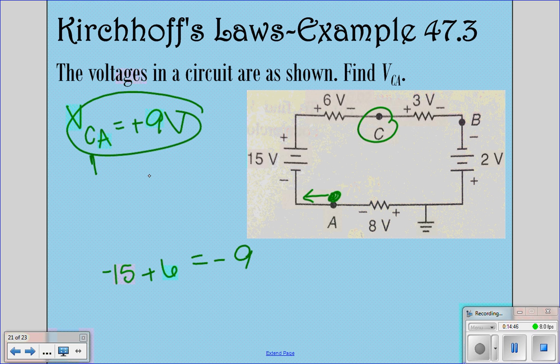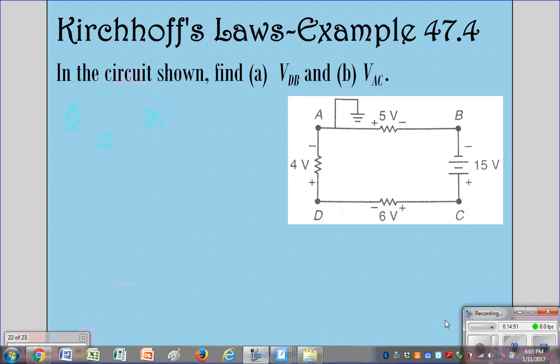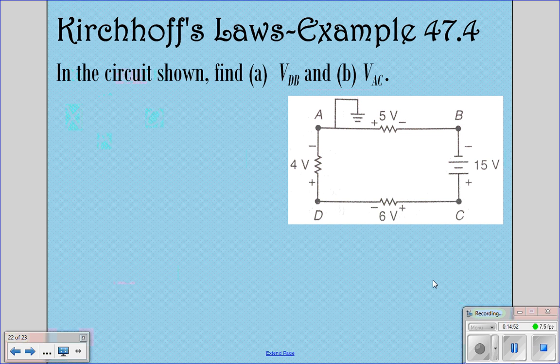Okay, we've got one more example. All right, so looking at this last example, in the circuit shown, we want to find V sub DB and V sub AC.